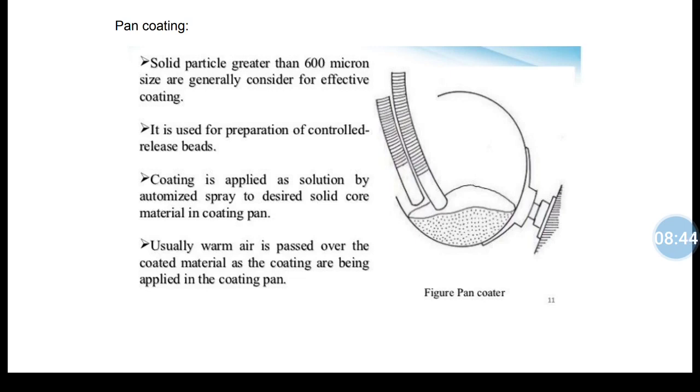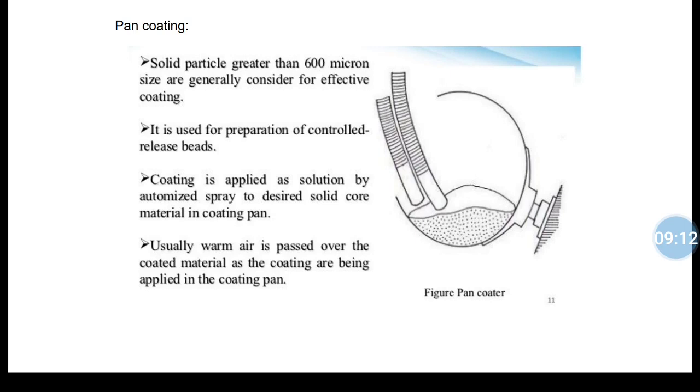Pan coating is a similar method, using similar equipment, to that used for coating of tablets. Here solid particles greater than 600 micron size are generally considered for effective coating and microencapsulation. It is used to prepare controlled release beads and microcapsules.